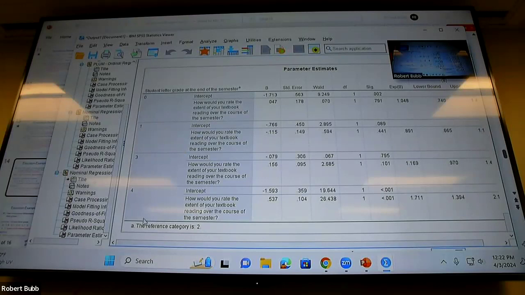So like between a C and a B, right? Our reference group is a C, and then remember 3 is a B. And so you look, is that significant? No, it isn't. It doesn't look like reading quality distinguishes between B and C students. It doesn't look like it distinguishes between C and D students, right? Or even C and F students.